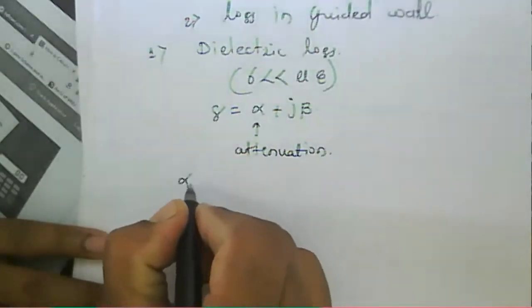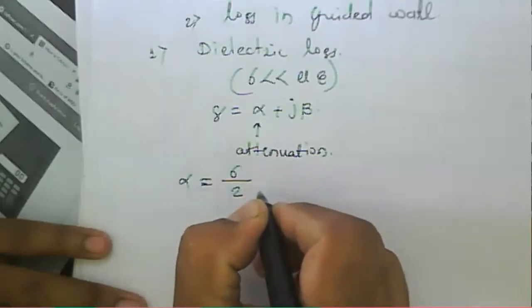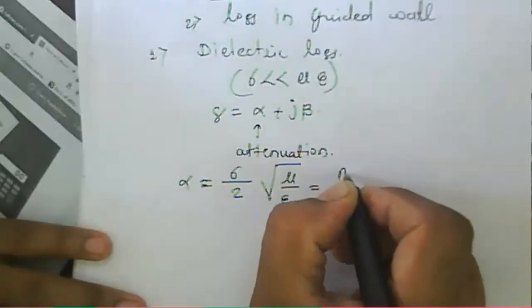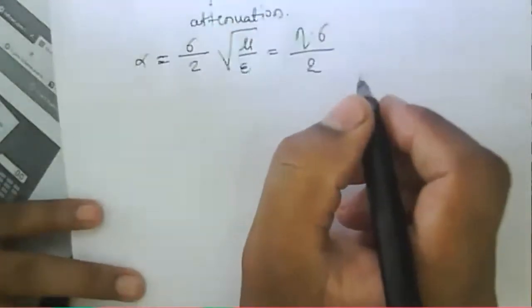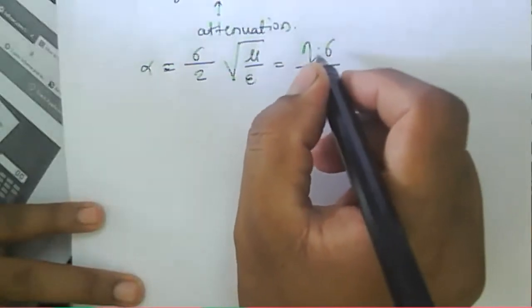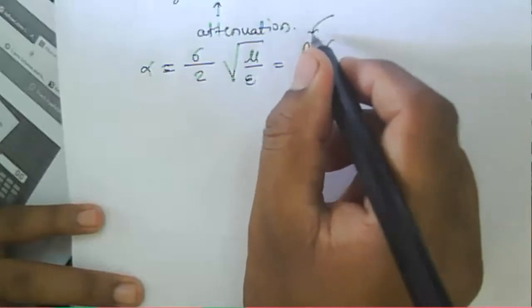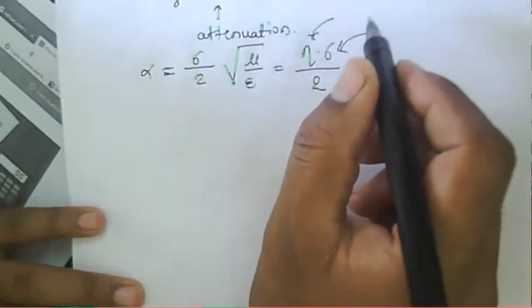In that case, for a plane wave, alpha is equal to sigma by 2 under root of mu by epsilon, or eta into sigma by 2. That is the attenuation, in terms of the intrinsic impedance and the conductivity.